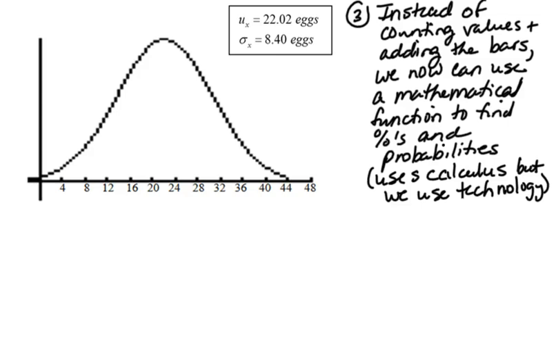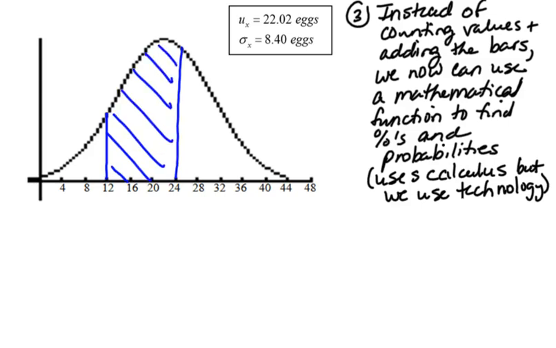So if we were to answer those same questions that were asked above, what is the probability, or what percent of the chickens laid between 12 and 24 eggs, we would answer it by finding the area under the curve. So for question number 1, you look at the area under the curve right here.